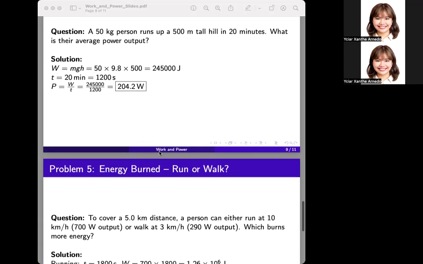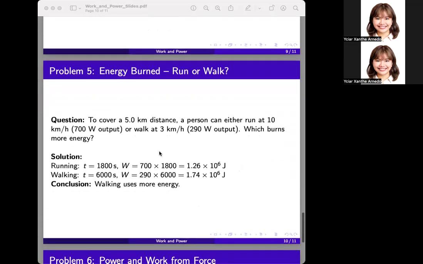All right. Now this problem asks us, should you walk or run? It is 5 kilometers from your home to the physics lab. And as part of your physical fitness program, you could run that distance at 10 kilometers per hour, which uses up energy at the rate of 700 watts.